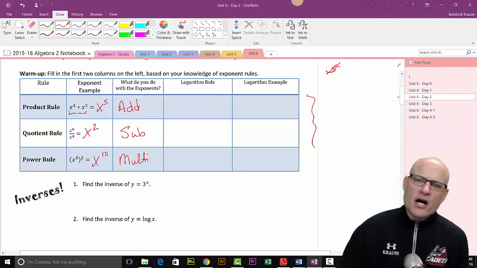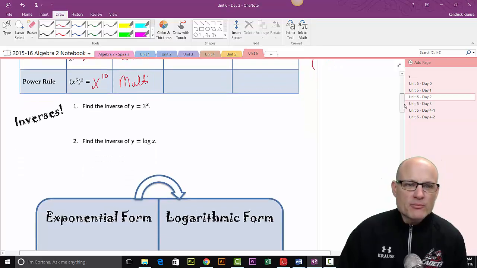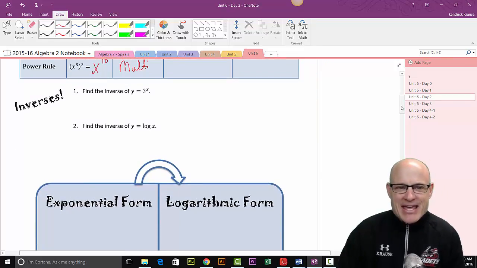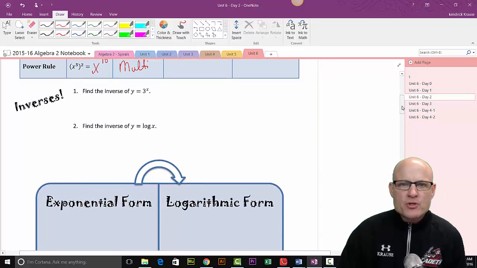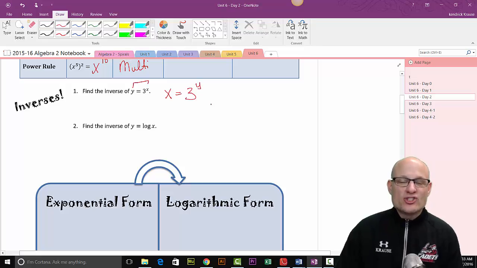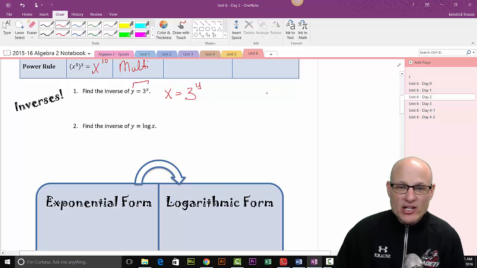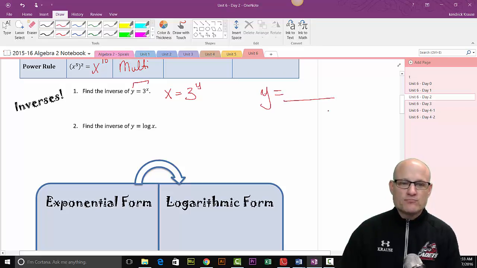But let's talk about this problem. See, up until today, well, let's try to find this inverse. So you know, in order to find an inverse, we switch x and y. So we end up with x equals 3 to the y. Now our job is to eventually end up with y equals something. Okay, can I divide?